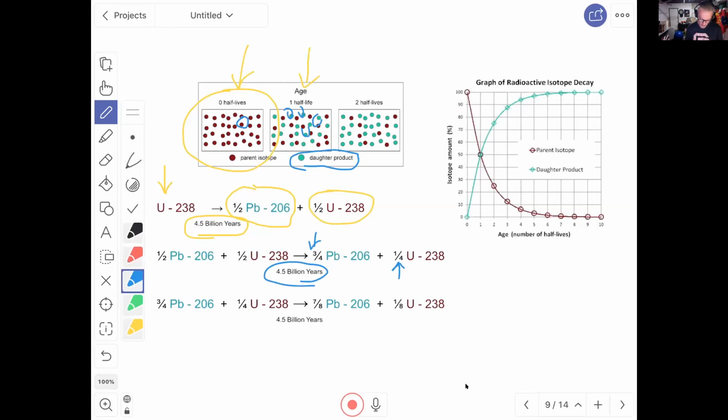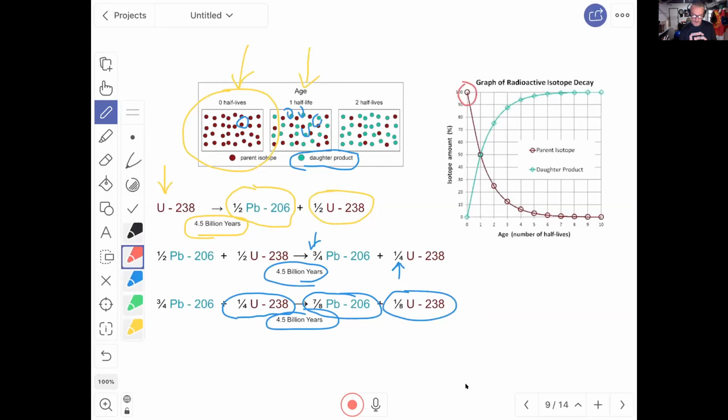In another 4.5 billion years, half of that 1/4 piece of uranium is gone, and now we have 7/8 lead and 1/8 uranium, because half of 1/4 is 1/8, right? And that's what's left. If you look on this graph over here, that's exactly what this shows.